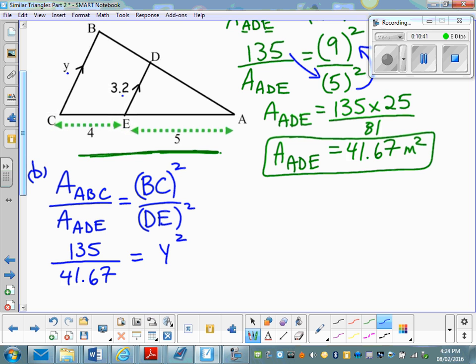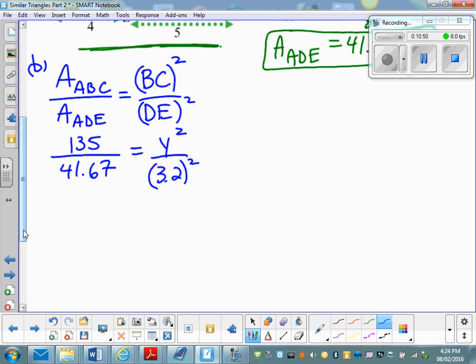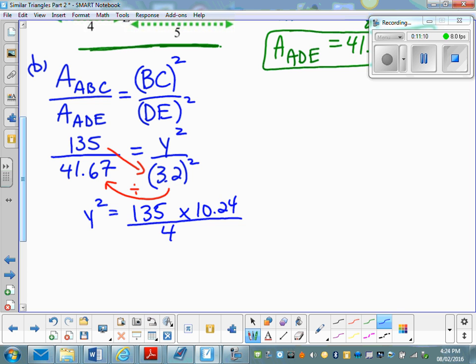BC is y, so that's like y squared. And DE is 3.2 squared. So y squared is going to equal cross multiply and then divide. So it's going to be 135 times, and 3.2 squared is going to be 10.24 divided by 41.67.